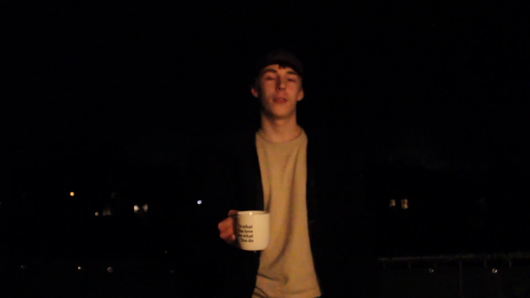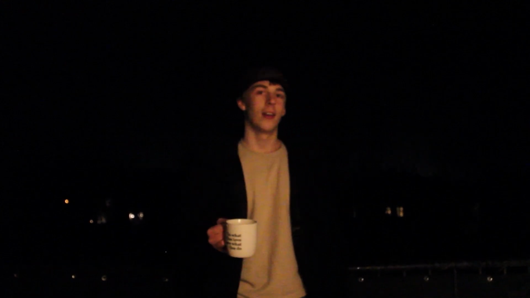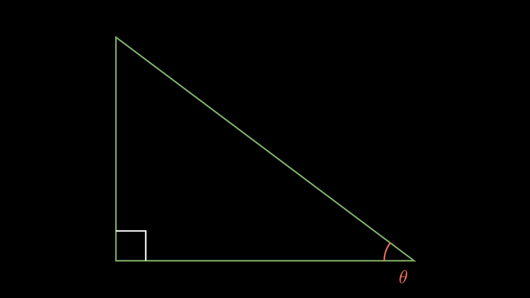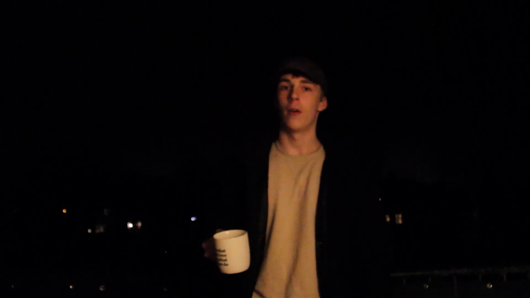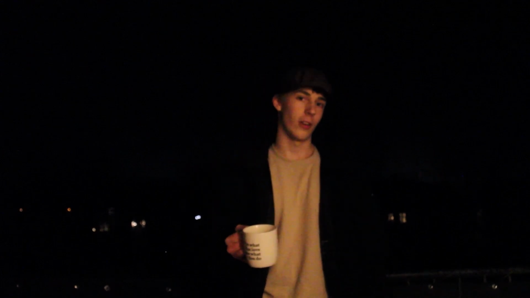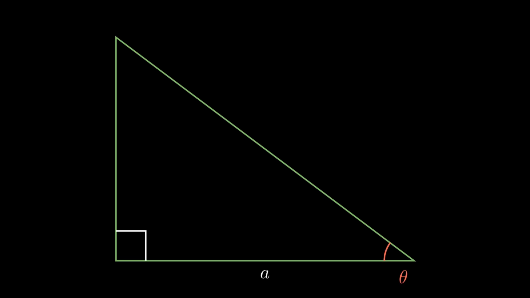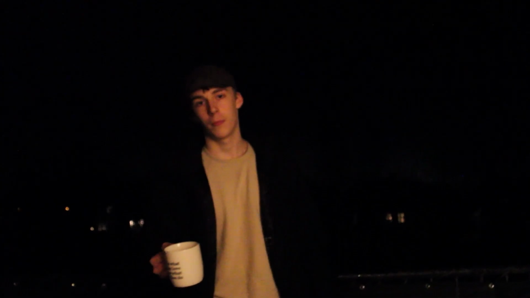Alright, so we have a triangle that has a 90 degree angle in it. And we also need to know one of the other angles. Now this angle we will call theta. Alright, so the closest side, or the adjacent side, to the known angle will be called A, as in adjacent. And then the opposite side of the known angle will be called O, as in opposite.